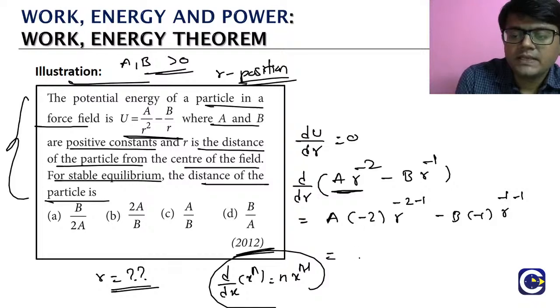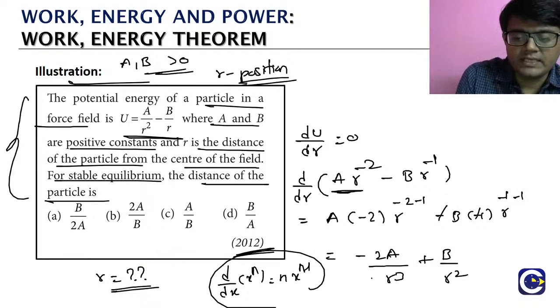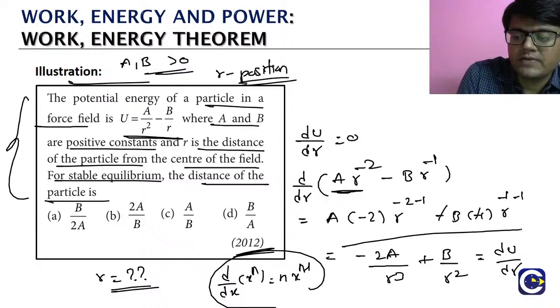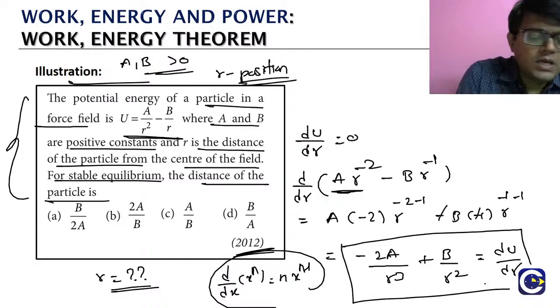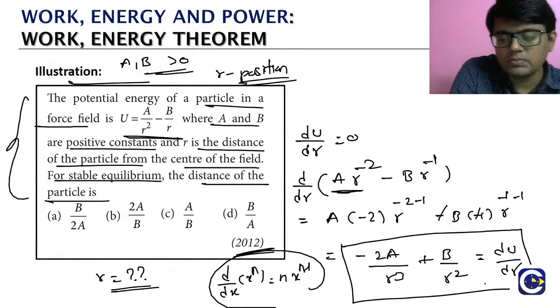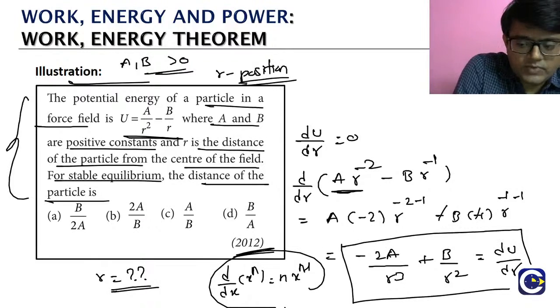So this is minus 2A by R cube, minus minus becomes plus, plus B by R square. This is the derivative of the value. What is the first derivative of the value? Minus 2A by R cube plus B by R square.